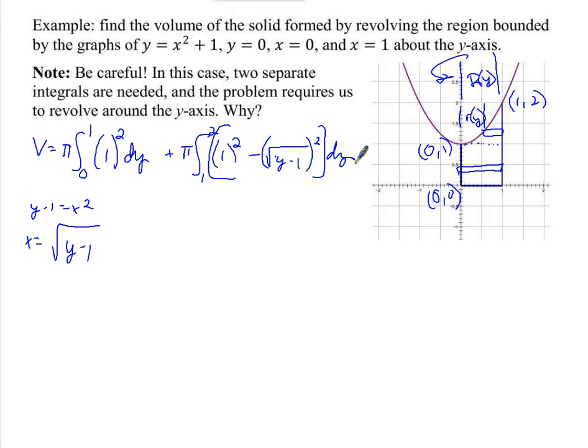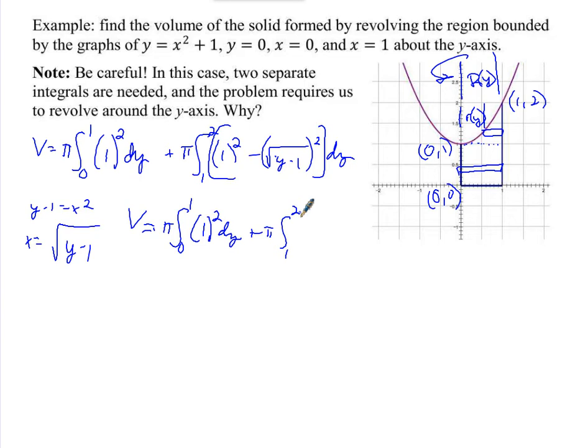So simplify. V equals, okay, so we're going to rewrite pi integral from 0 to 1 of 1 squared dy plus pi integral from 1 to 2 of 1 minus y minus 1.